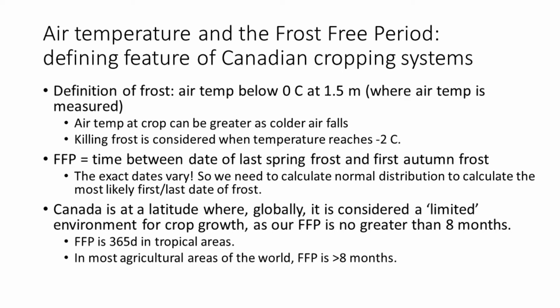And so our limited time available for crop growth means that globally Canada is considered a limited environment for crop growth. The frost-free period just places a much larger limitation on cropping system productivity when measured on a per year basis. Most agricultural areas of the world have a longer frost-free period.